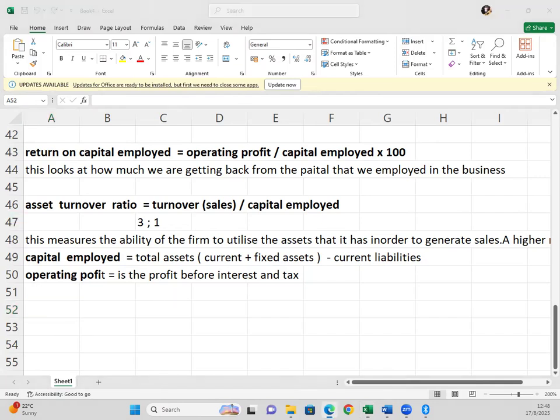So those are the profitability ratios. If you are assessing the performance, you can assess the performance based on profitability.